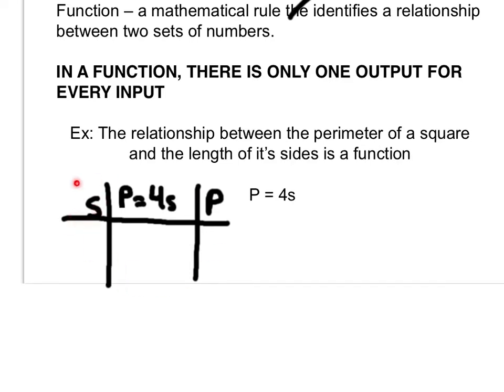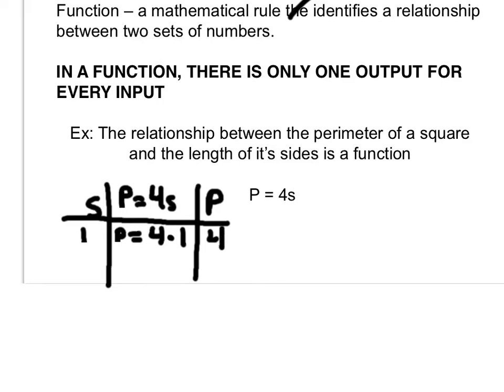Okay, you've got whatever you're putting in, in this case the length of our sides. Here's the function. It says the perimeter is equal to 4 times each side, and what you're getting out is the perimeter. So for example, if I put in a side length of 1, the perimeter is equal to 4 times my side length, which is 1. So the perimeter is 4.